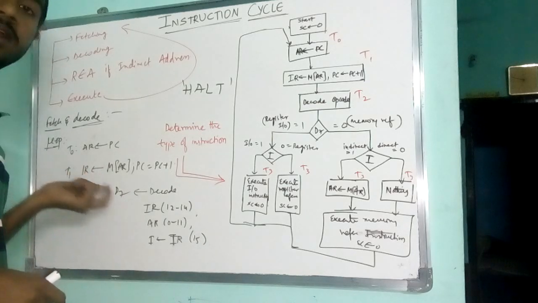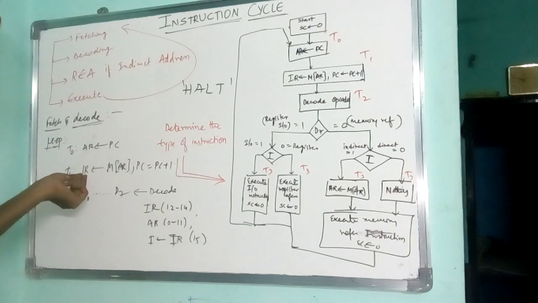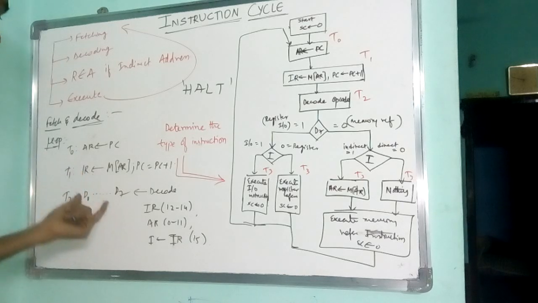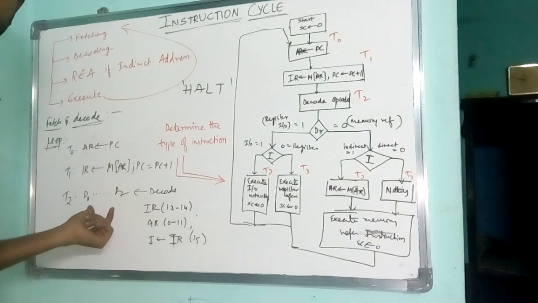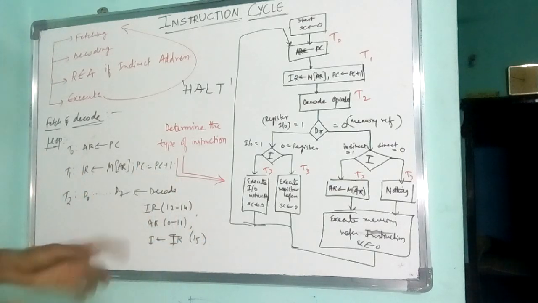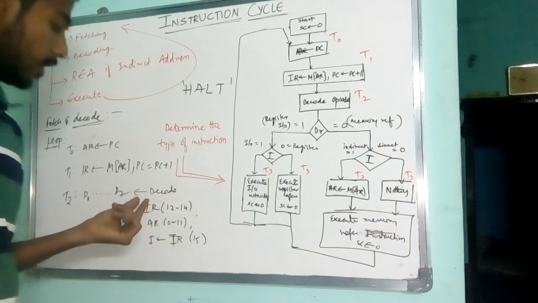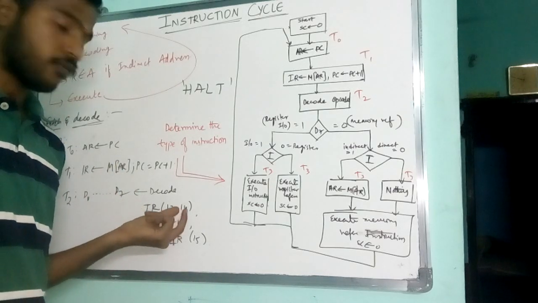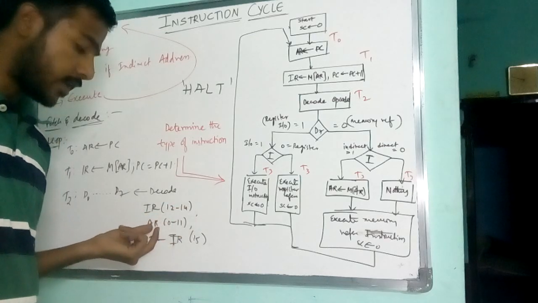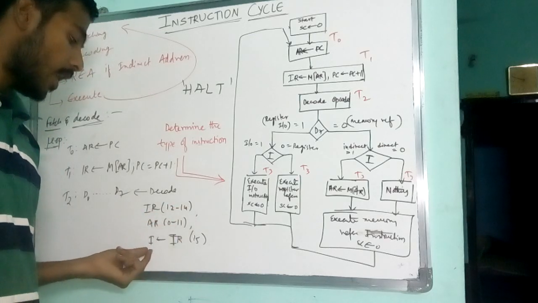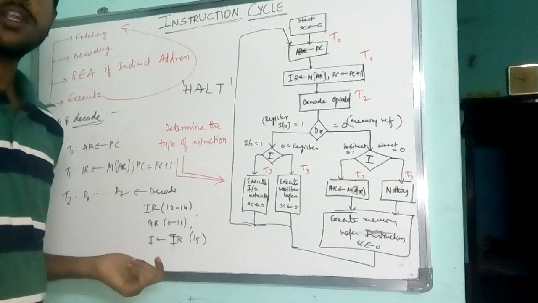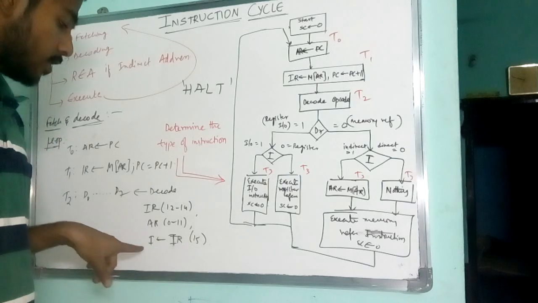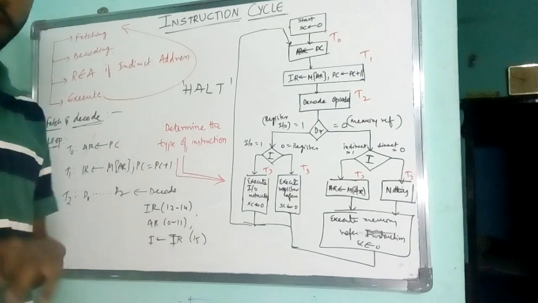Whatever instruction I have got in the instruction register is decoded through 8 decoders, D0 to D7. My instruction bits are 12 to 14, the address bits are 0 to 11, and I is the indirect or direct addressing mode bit. This is specially shown in the I flip-flop.